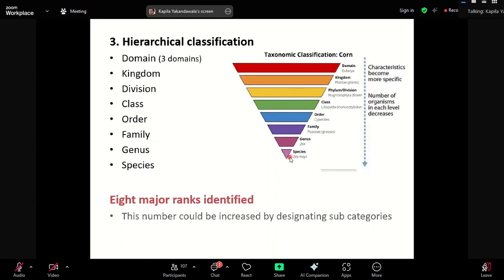So when you go down the system, the number of organisms in each level decreases, and the characters become more specific.